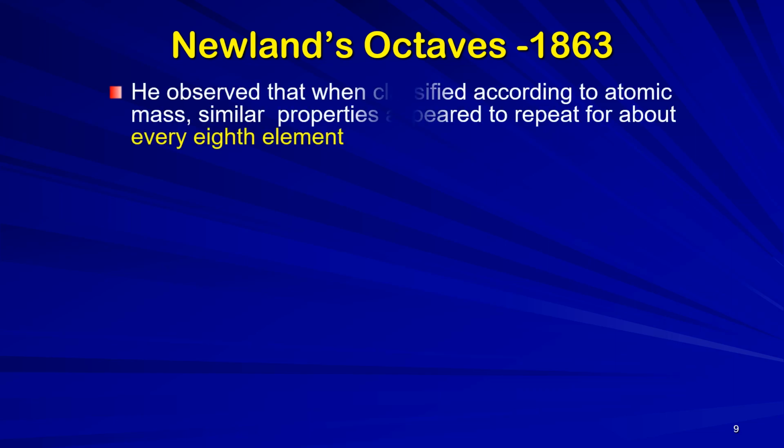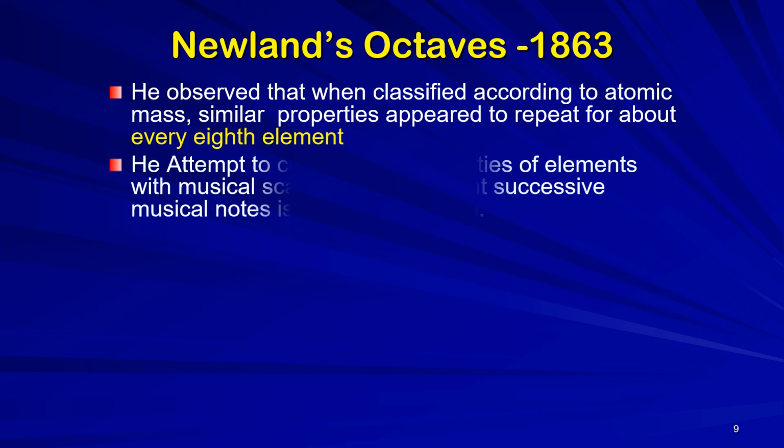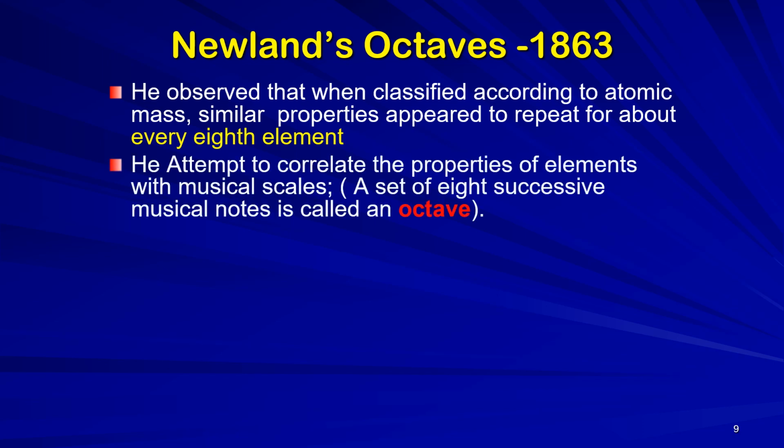He observed that when classified according to atomic mass, similar properties appeared to repeat for about every 8th element. We said that. And he attempted to correlate the properties of elements with musical scales. The octave, a set of 8 successive musical notes.